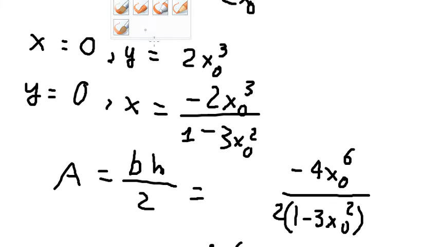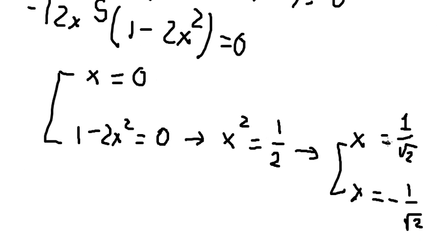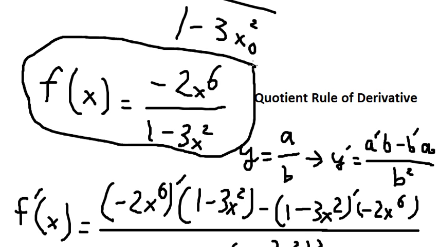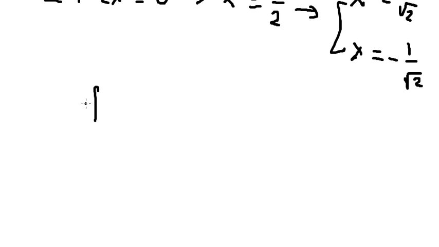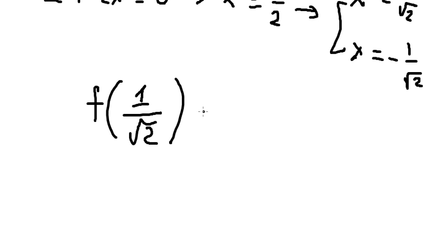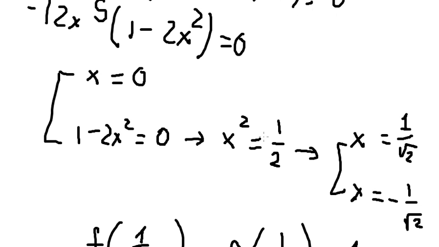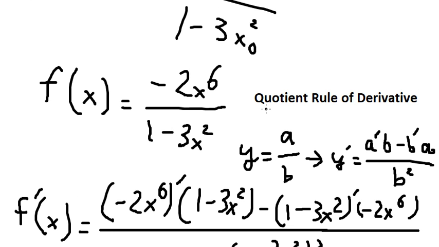And if we put s equals 1 over the square root of number 2 or negative 1 over the square root of number 2, go back to this function in here, you will have the same value of the area. That is 1/2. So we just have only two scenarios in here.